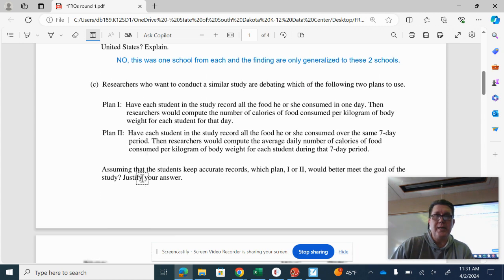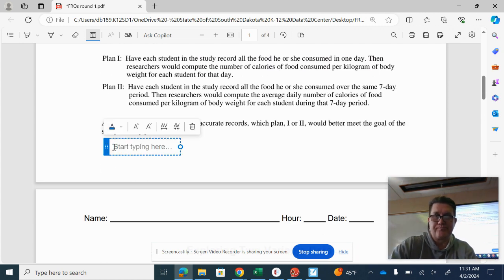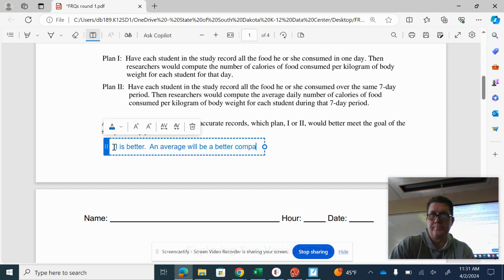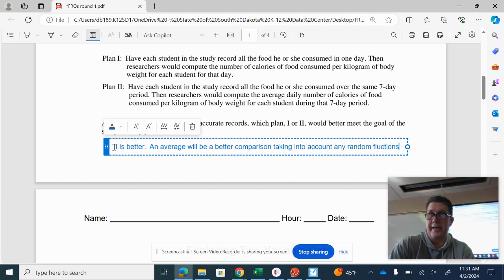Which one is better? Well, plan 2. An average will be a better comparison, taking into account any random fluctuations that could occur only on one day.